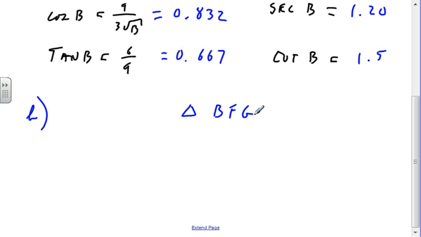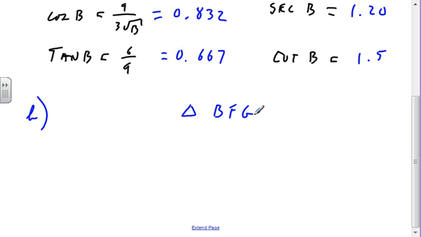Now, I'm looking at BFG, and I'm looking at ABC, and I'm saying these are similar triangles. Similar triangles are going to have the same angles. If they have the same angles, they're going to have the same trigonometric answers to 3 significant digits.